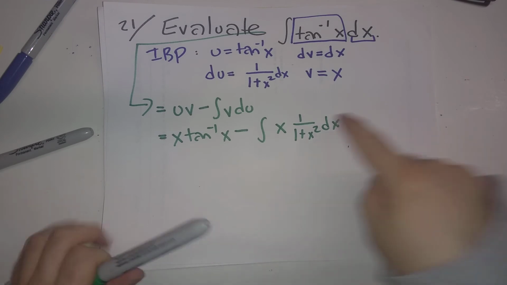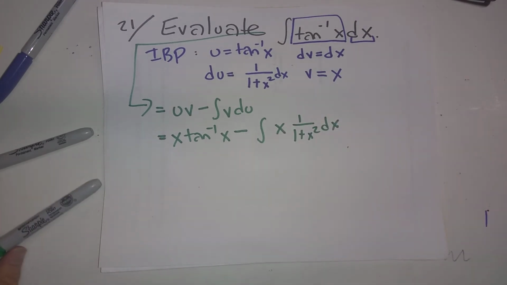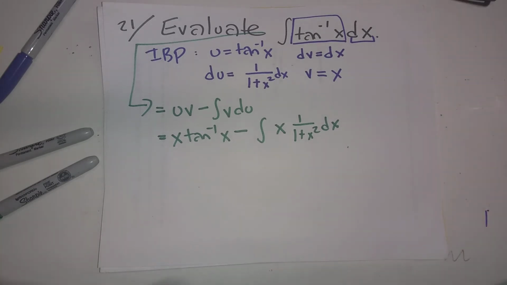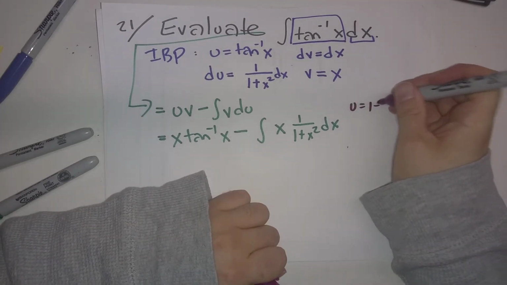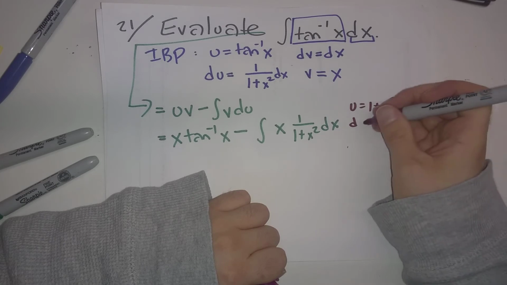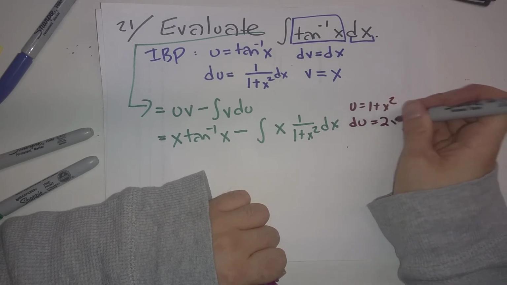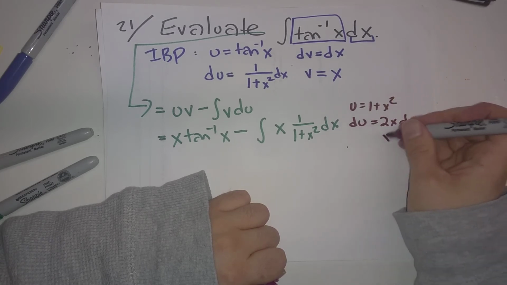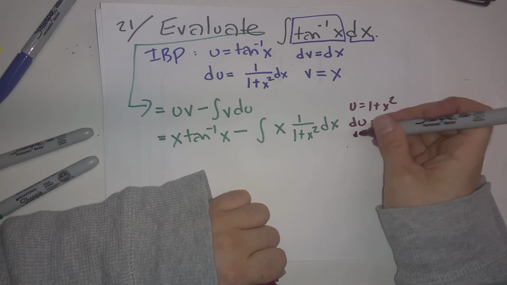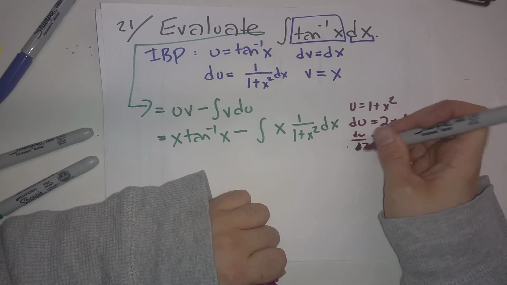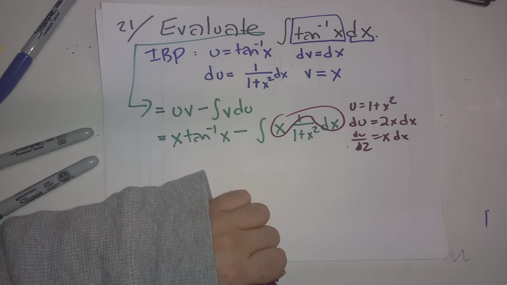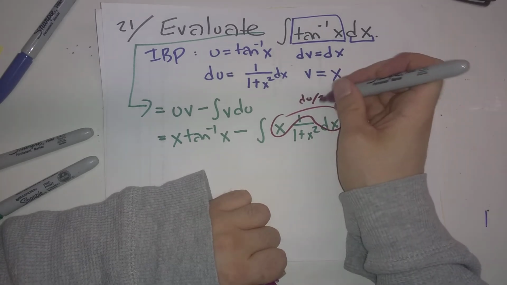So this integral right in here, x times 1 over 1 plus x squared, is something that can easily be done by substitution. U is 1 plus x squared, du is 2x dx. So x dx is equal to du over 2.